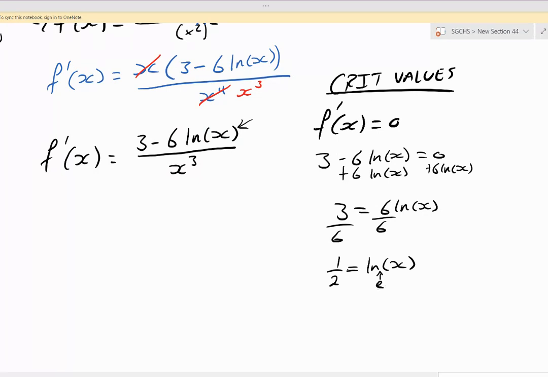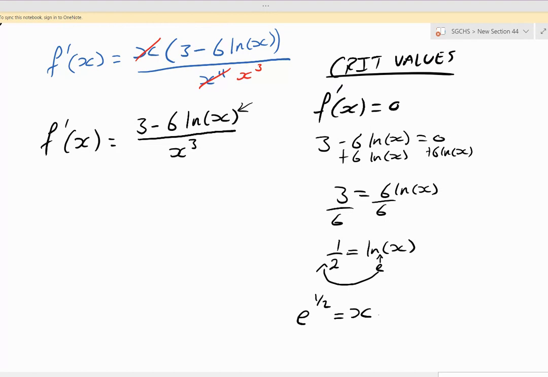So I can bring that up and it can become e to the power of 1 over 2 equaling x. So this looks like it's a possible value that can either be a maximum or a minimum. We don't know that quite for sure. We have to show it visually. Okay, so possible max or min.